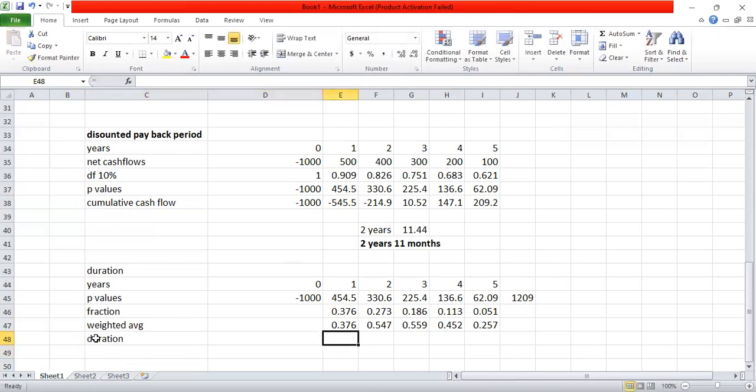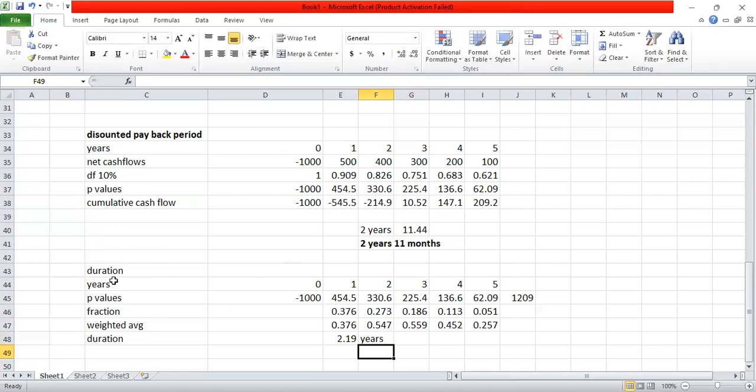Add up all these figures. This is the duration, 2.19 years.